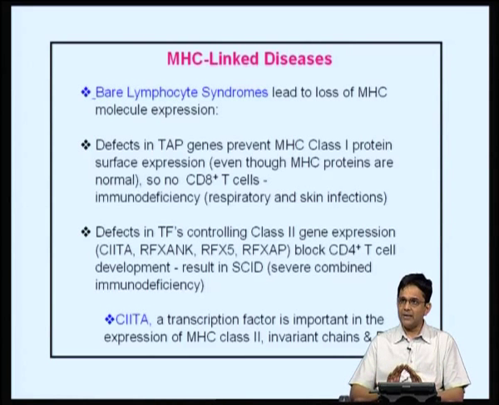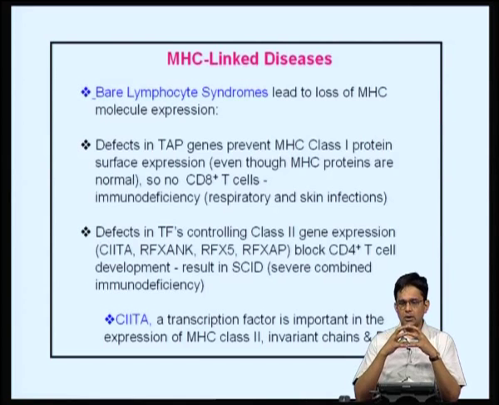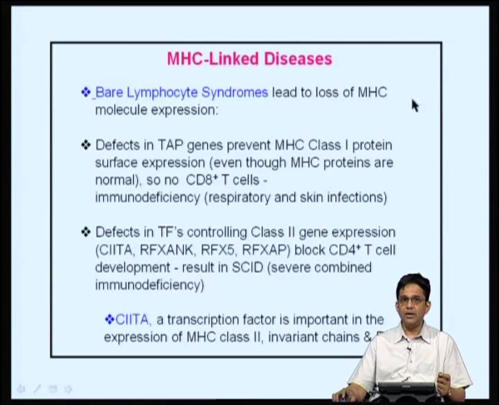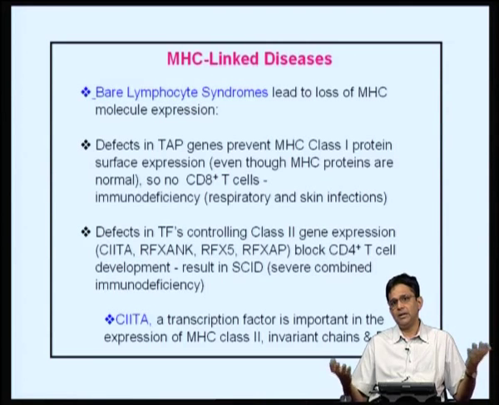There could be several reasons for bare lymphocyte syndrome. What this means is bare lymphocytes means there are less number of lymphocytes. Now, what could that be due to? For example, BLS can be due to mutations in several genes. One of them would be in TAP.